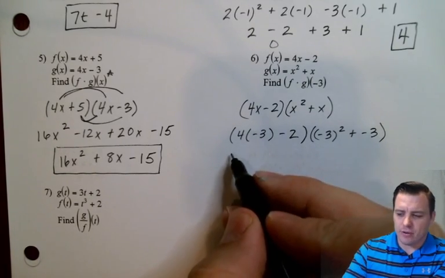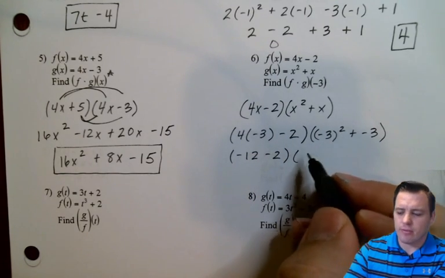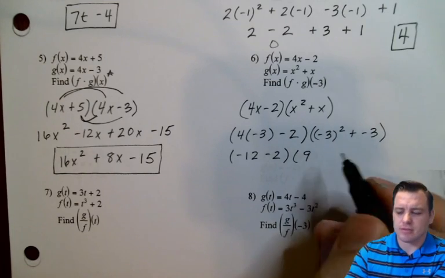Four times -3 is -12 minus 2, and then -3 squared would be +9, and then plus a negative would simply be -3.